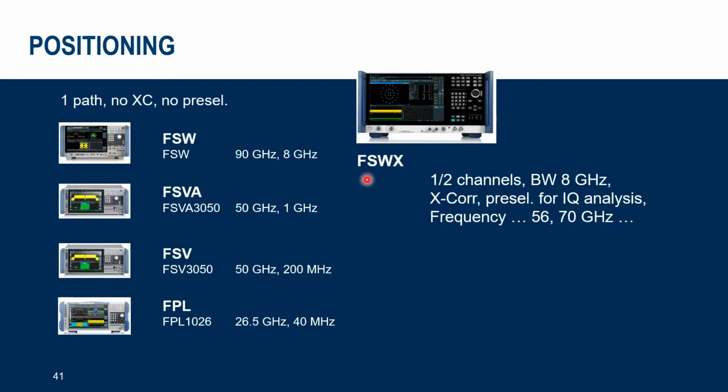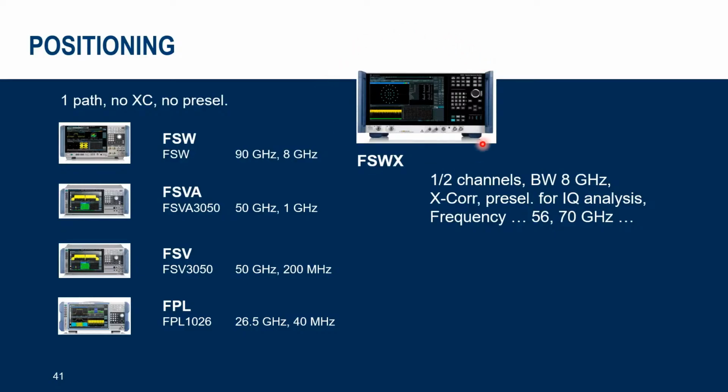But the FSWX is a new class. It's a signal and spectrum analyzer featuring multiple paths, wide bandwidth, new form of preselection, especially designed for modern applications where we have wideband signals, where we need sensitivity beyond what is possible with standard analyzers using cross-correlation and all these new features. So it's not just a new analyzer, it's a new class of analyzers.